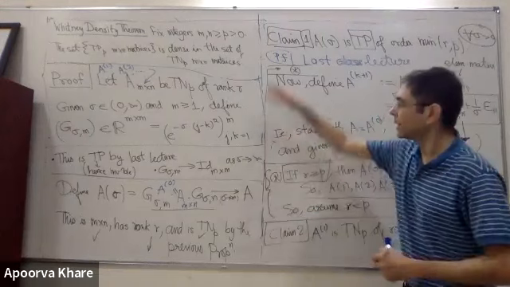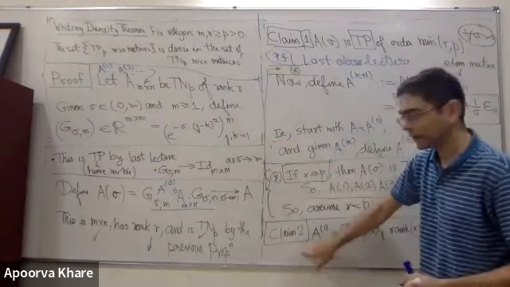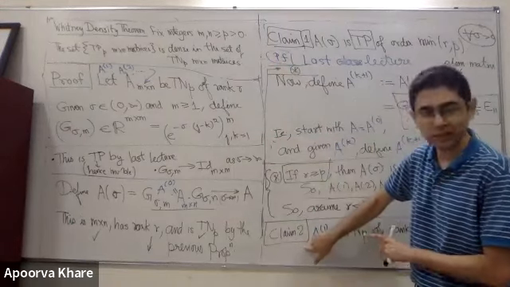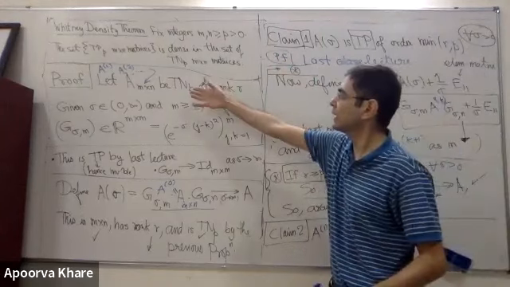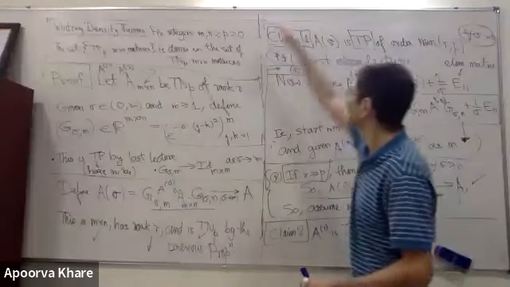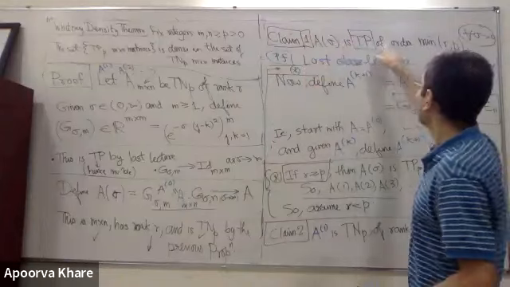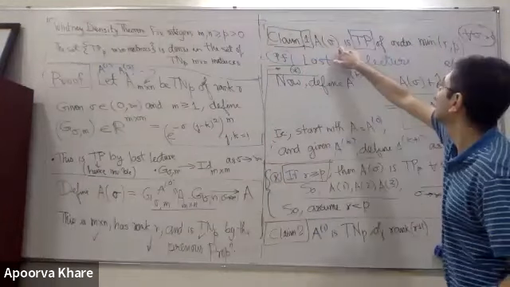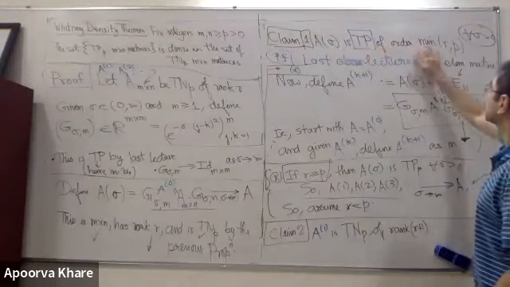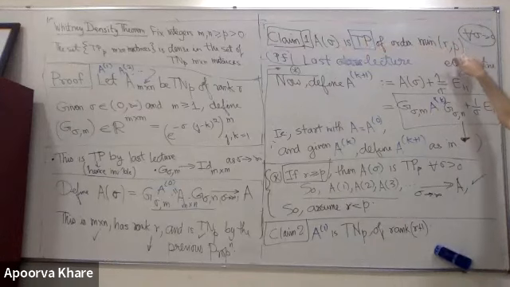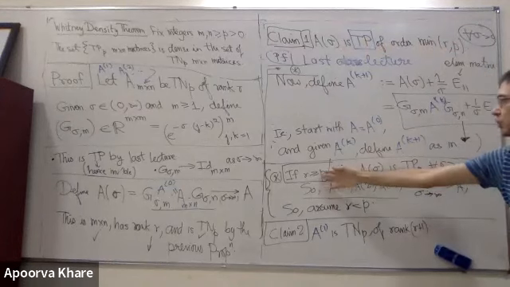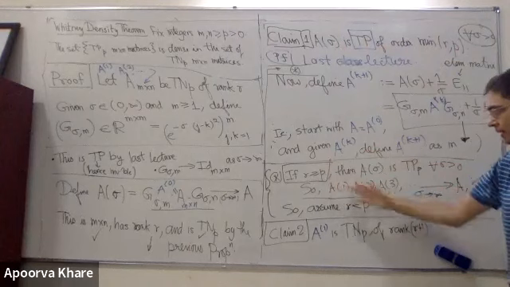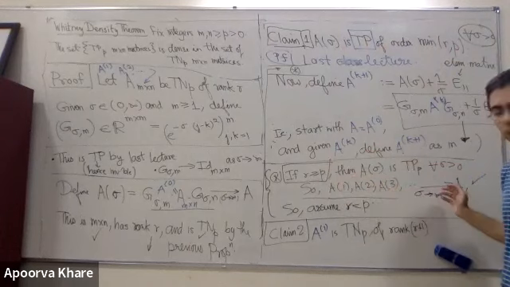So now I will do exactly the same. If I can prove this claim, then I start now with A of 1. I do exactly the same thing. And I get to A of 1 of sigma. That will be totally positive of order min of r plus 1 comma p. If r plus 1 is bigger or equal to p, then we are done by taking A1 of 1, A1 of 2, and so on.